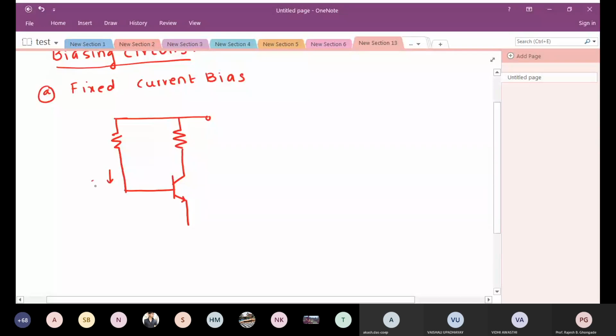This is your base current. This is RC. This is RB. This is going to be your VBE. And here I am applying VCC. Okay. By the way, this happens to be VCC minus VBE.